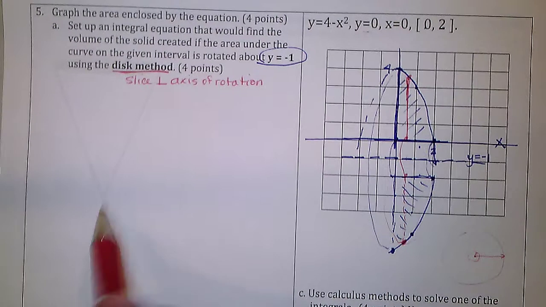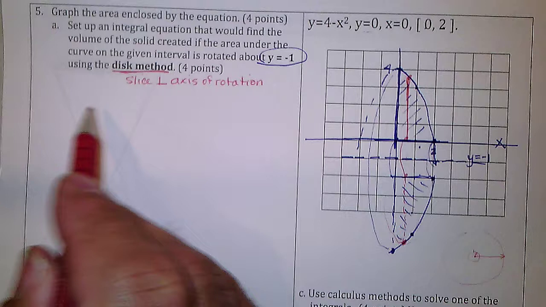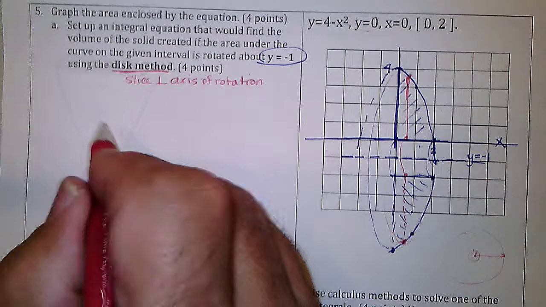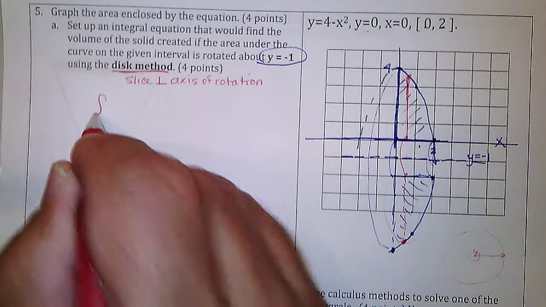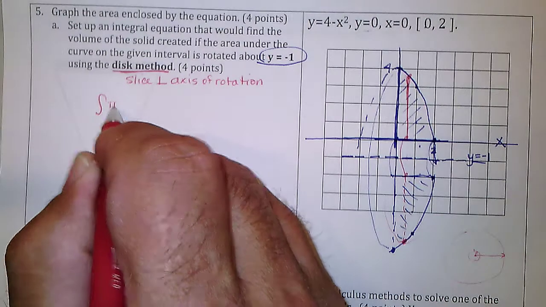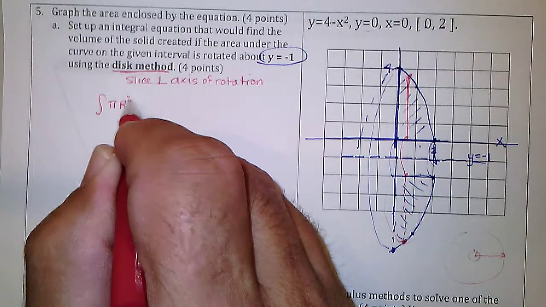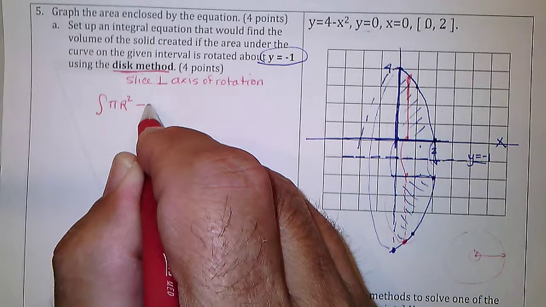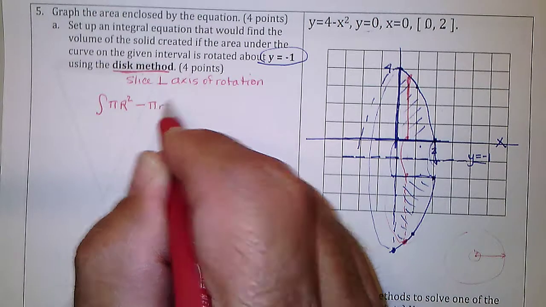So that's what I have to write in my integral: the integral of the area of the big circle, pi r squared, minus pi small circle.